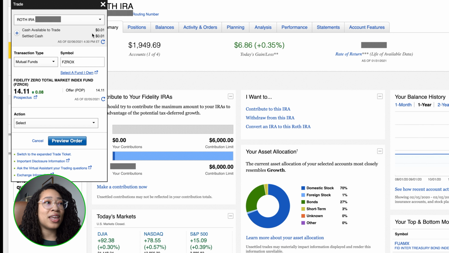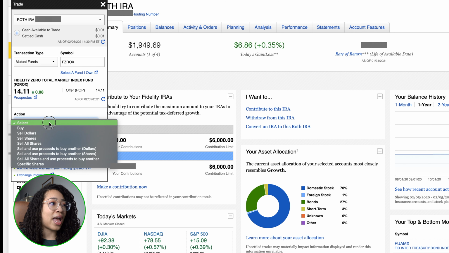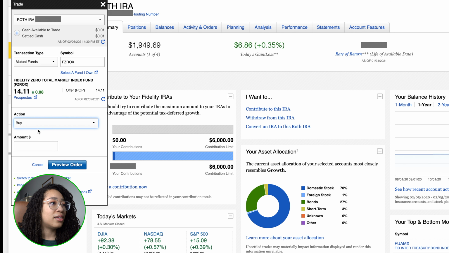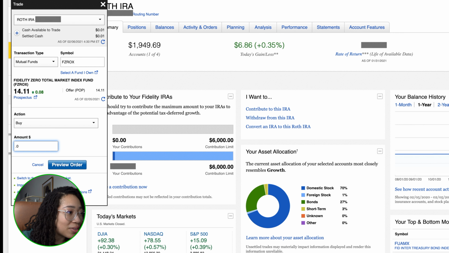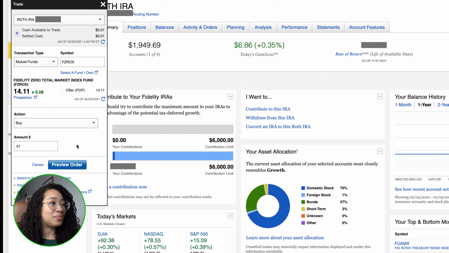So whatever money you have available to trade will be here. And then from there, you come down here and for your action, you would say buy, and then you can choose the amount. I only have, hold on. Okay. I only have 1 penny. So that's what I would put.